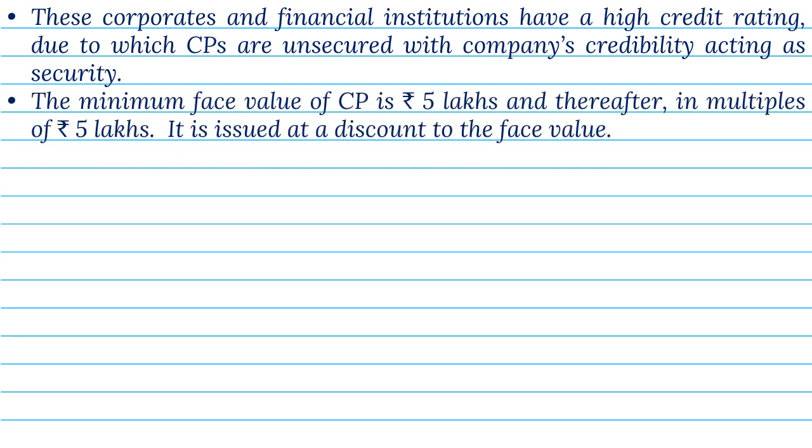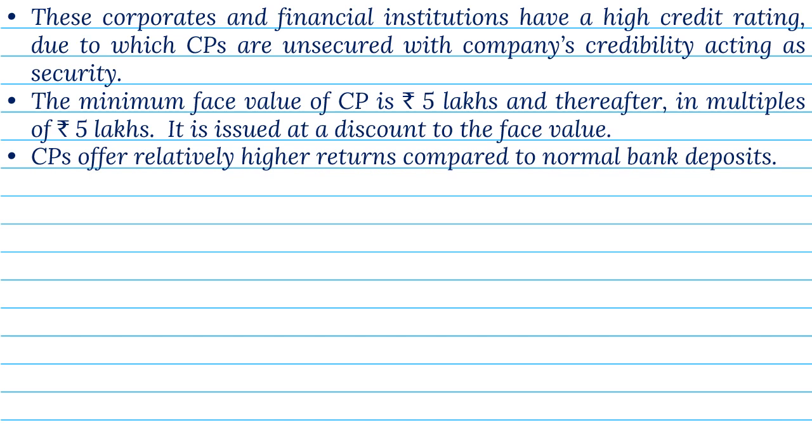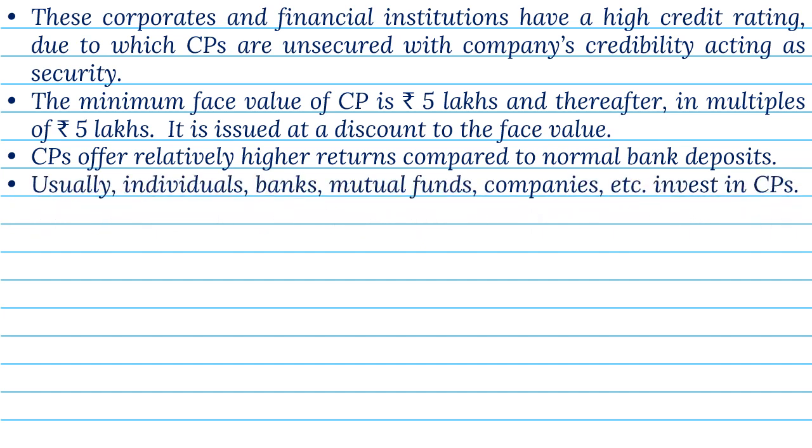The minimum face value of CP is rupees 5 lakhs, and thereafter, in multiples of rupees 5 lakhs. It is issued at a discount to the face value. CPs offer relatively higher returns compared to normal bank deposits. Usually, individuals, banks, mutual funds, companies, etc. invest in CPs.